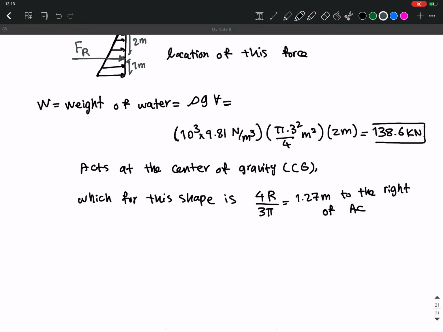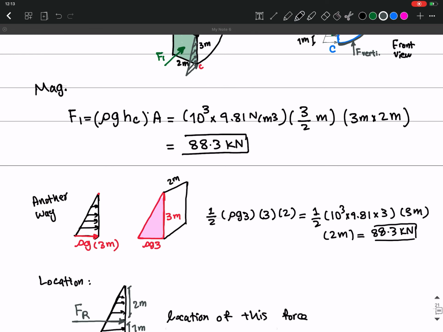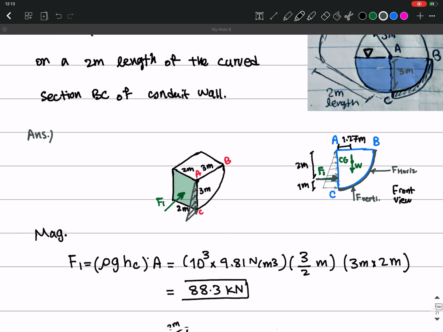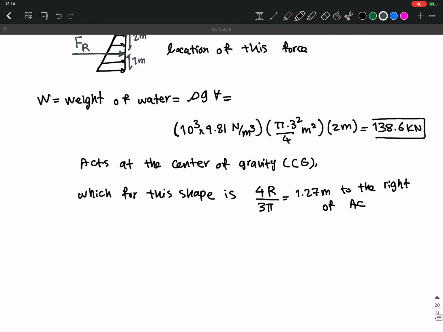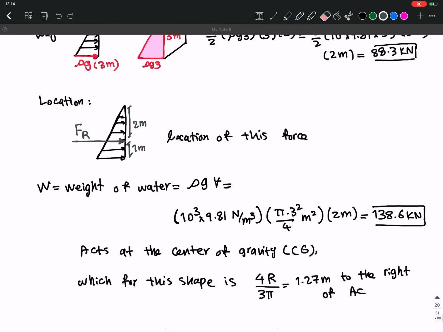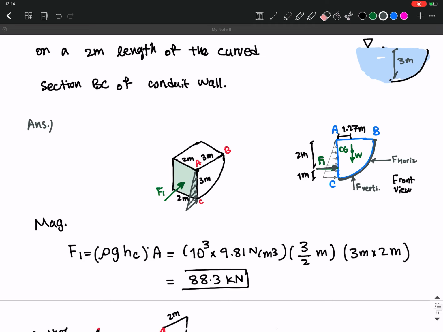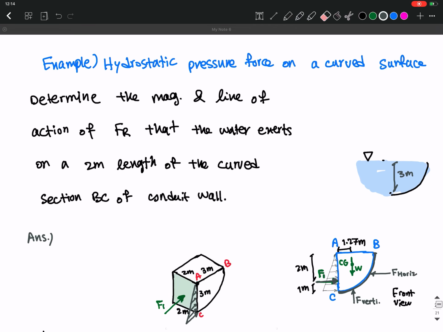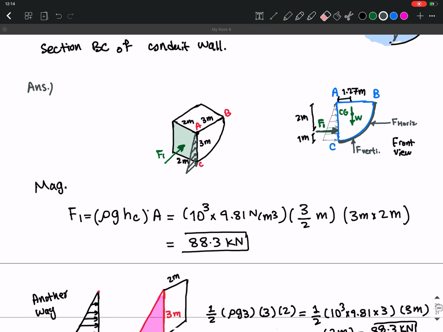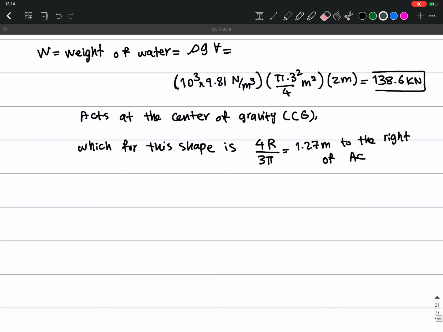Okay, so now we have everything. We have F1 and we have W. So we should be able to calculate F vertical and horizontal. So let me write it down here.